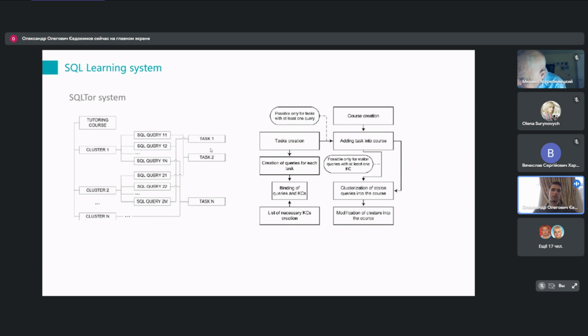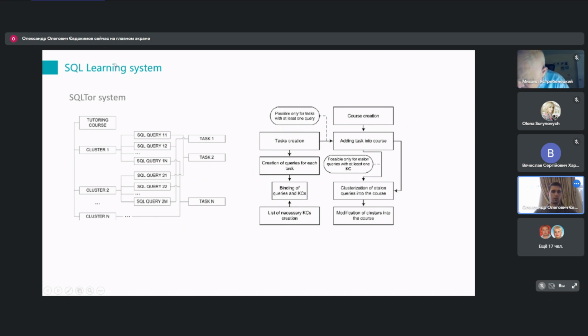Also, we started developing an SQL tool where the presented approaches were implemented. The common structural components are presented, and they utilize specific elements of knowledge, knowledge components.